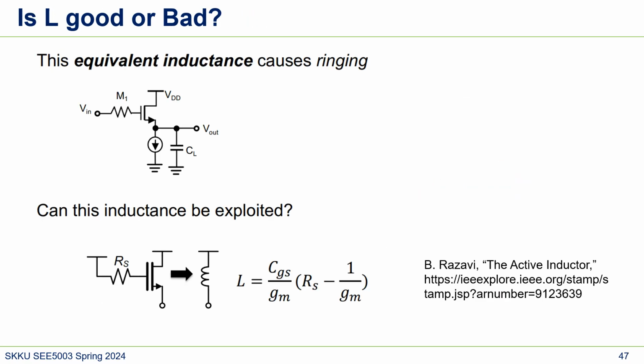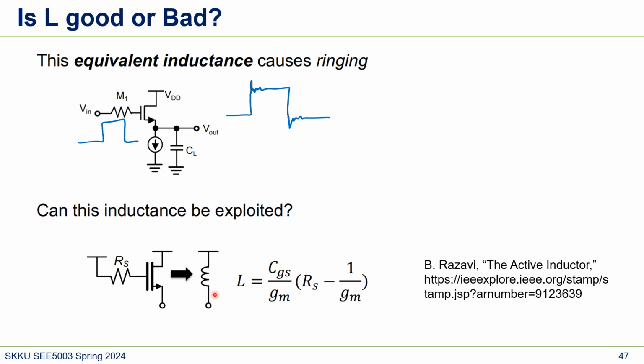So is this inductance good or bad? In this source follower, it can cause ringing. If we apply Vin like this, then maybe the output can be like this, which is not good, right? But we can also actually utilize this as an equivalent inductor. If you refer to this article, they show actual applications for using this as an inductor.